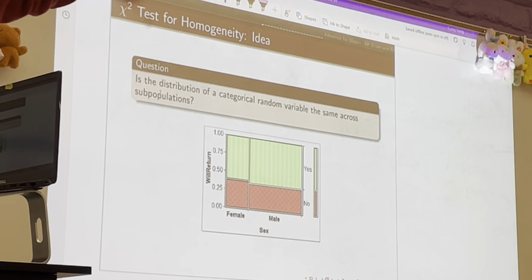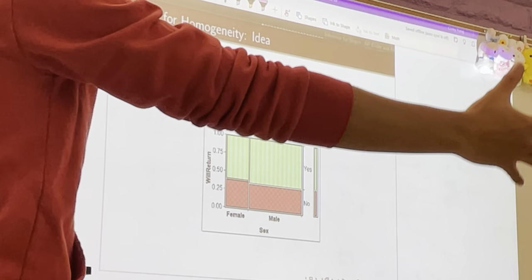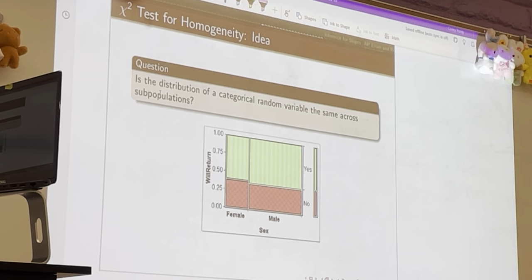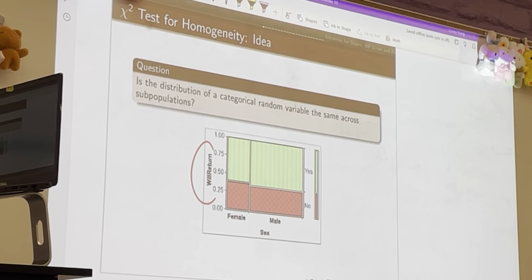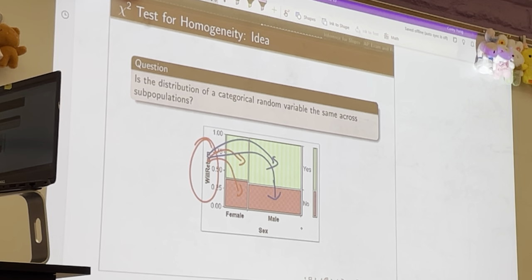Now we want to see if another categorical random variable is distributed the same across both of those different levels. So again, the idea is: is it distributed in the females the same as it is among the males? Is the red distribution the same as the blue distribution across those multiple populations?